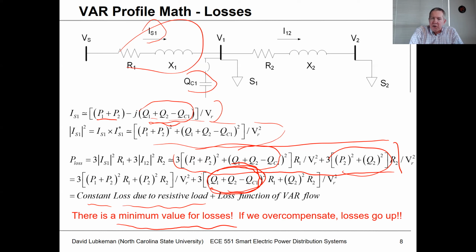But what you have to watch out for is if we overcompensate, if we put too much capacitive compensation in there, the losses actually go up again. So there's a sweet spot: if you look at the value for QC, there's some point above which if you add too much capacitance, the losses start to go up again. All right, and that's what you have to watch out for.